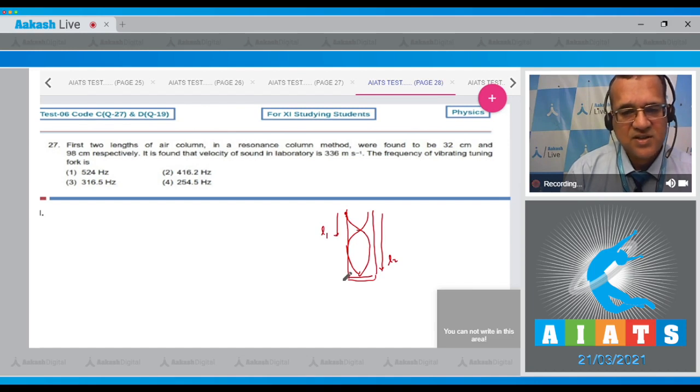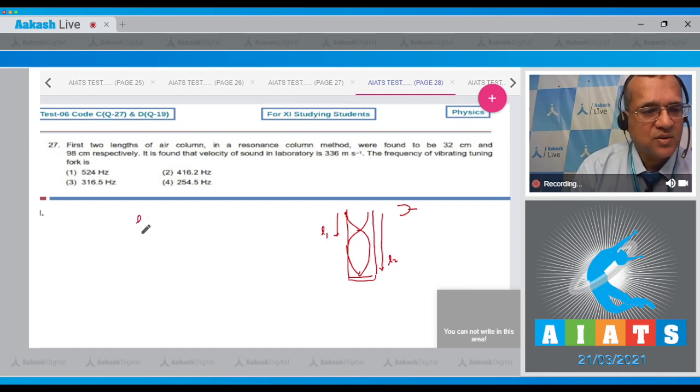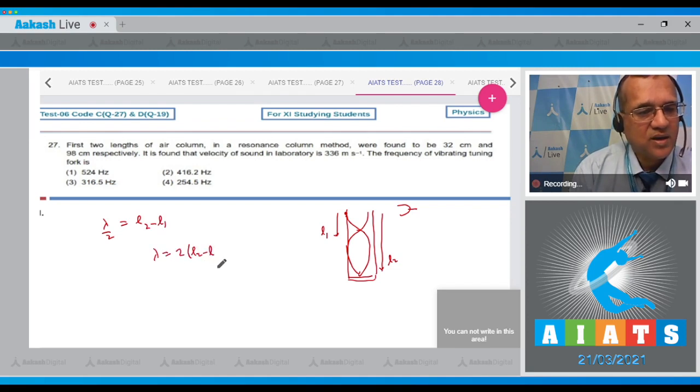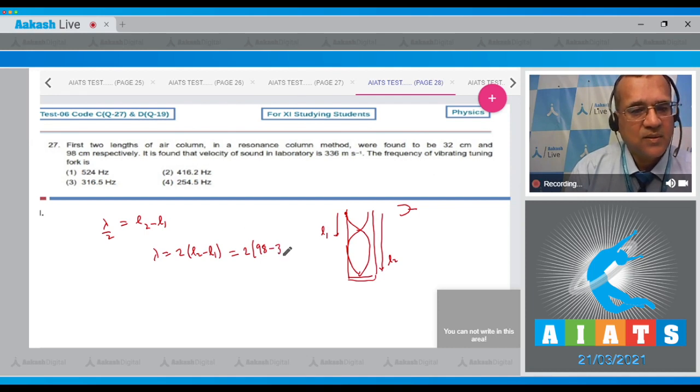And see, the difference is lambda by 2. So lambda by 2 is equal to L2 minus L1. So lambda is equal to 2 times L2 minus L1, where L2 is given as 98 and L1 is given as 32, and this becomes the wavelength in meter.